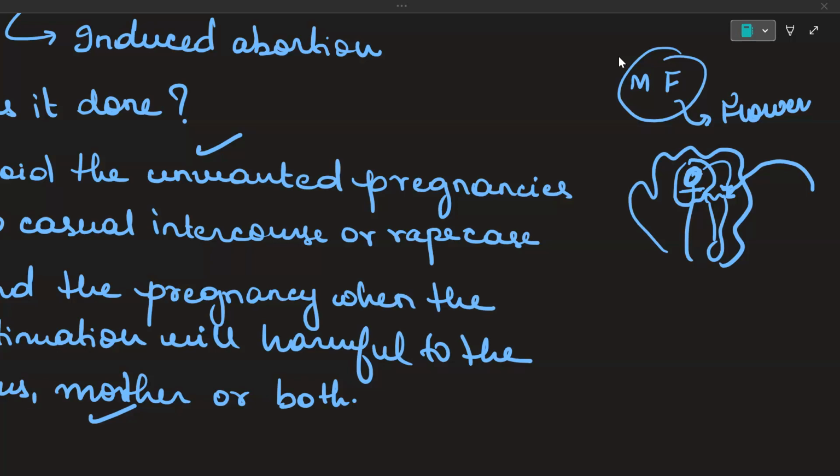Tell me what are the characters of the flowers that are being pollinated? What are the special characteristics? They're lightweight, they are small. What is lightweight in them? The flowers.